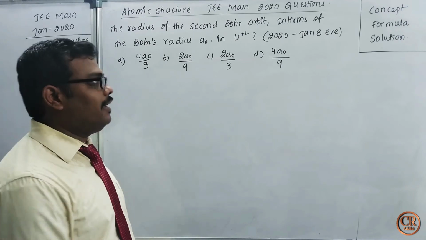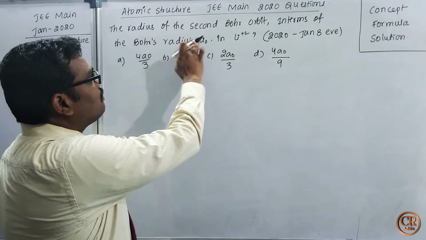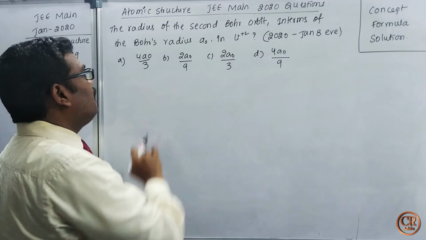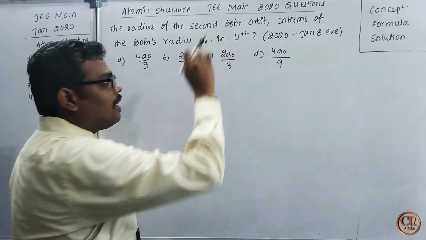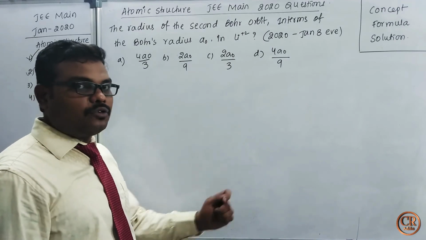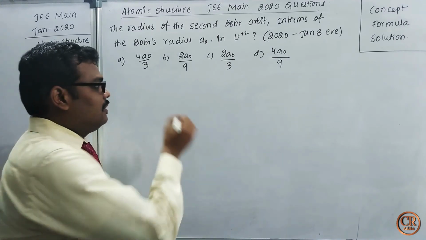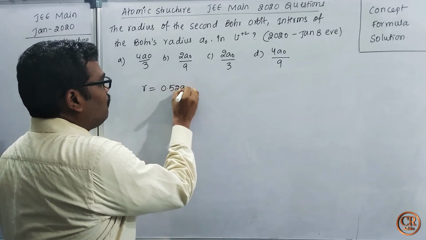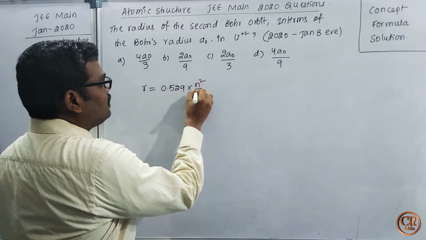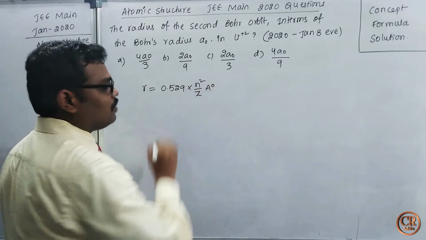The next question is: the radius of the second Bohr orbit in terms of the Bohr's radius A0 in Li2+. The suitable formula for this question is r is equal to 0.529 into n square by Z angstroms.